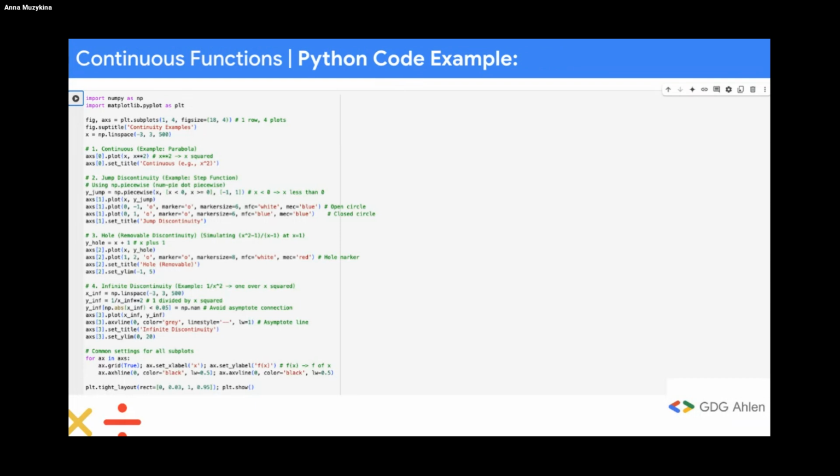Plot 2 jump, using numpy.piecewise, we create a step function. Plot 3 hole. This represents a function like, we will dive deeper on the next slide. And plot 4 infinite.